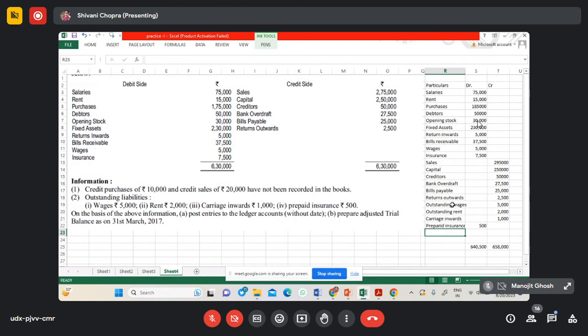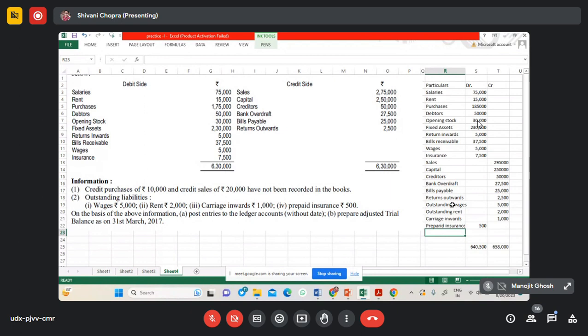Credit purchases of 10,000 we have increased, very rightly said. But what about the other aspect of that? If it was saying credit purchases, what is the meaning of credit purchases? Credit purchase means we have no payment of this amount, so credit will also increase.